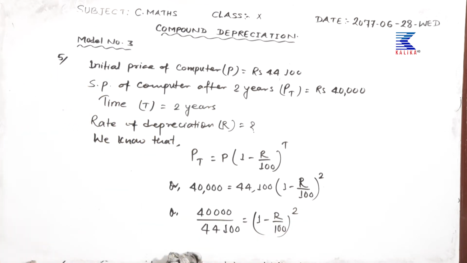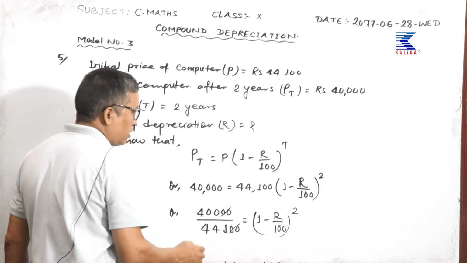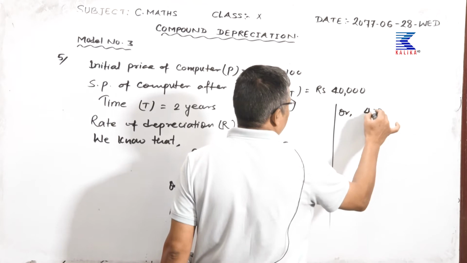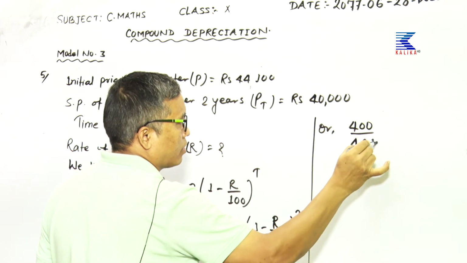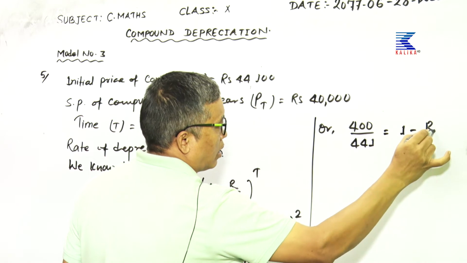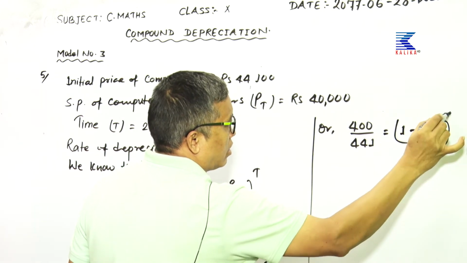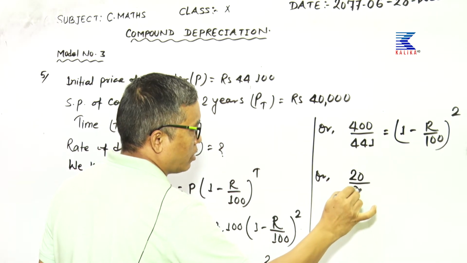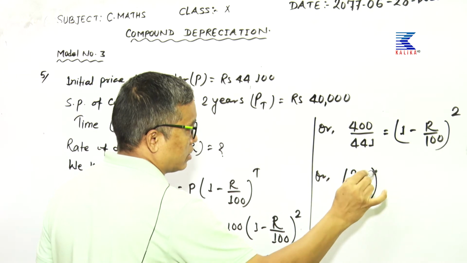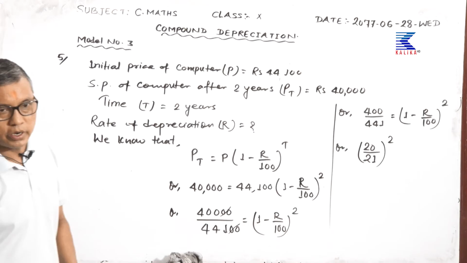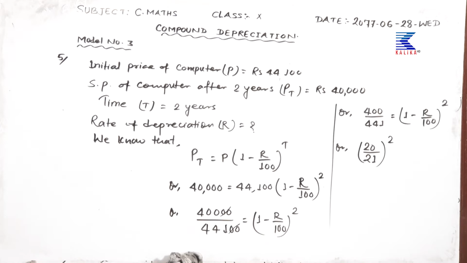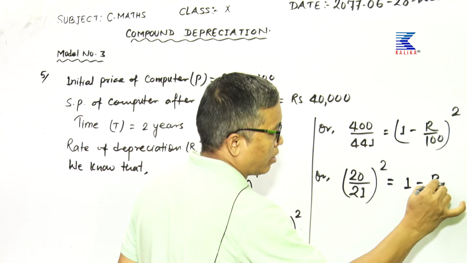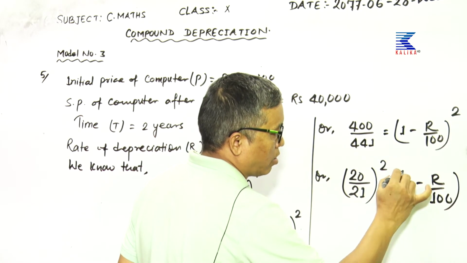Clear? This and this cancel, or 400 divided by 441 is equal to (1 minus R by 100) to the power 2. 400 means 20 squared, and 441 means 21 squared. So (20 by 21) to the power 2 equals (1 minus R by 100) to the power 2.